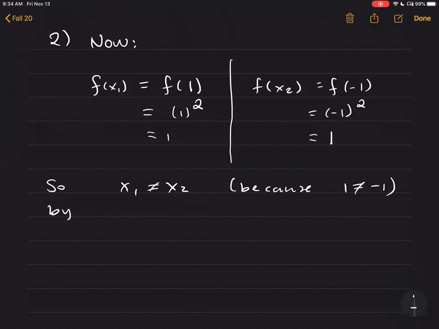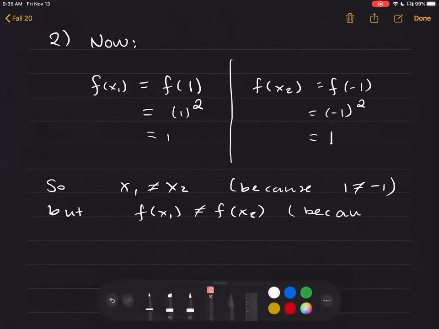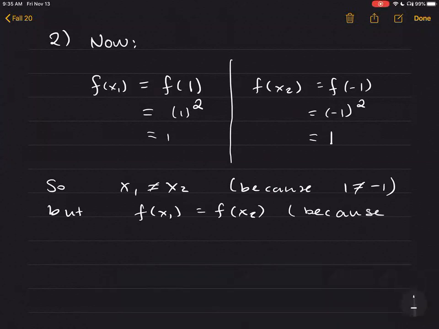But f of x1 does equal f of x2, sorry, my bad. That is, f of -1 is equal to f of 1. So f is not 1 to 1.